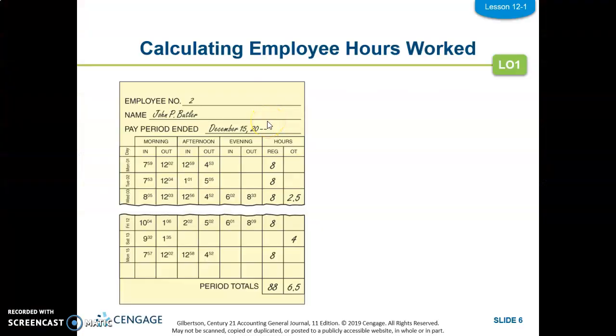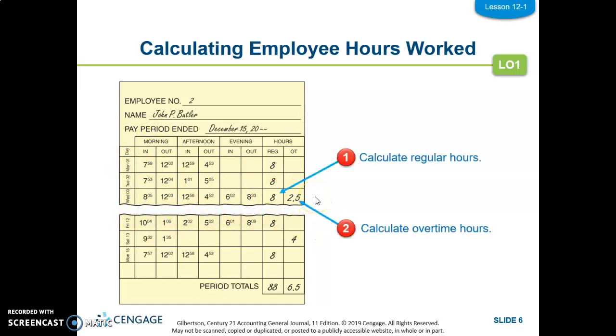So let's take a look at this time card for John Butler. He's employee number 2, and it's for the pay period ended December 15th. This is perforated, so they're not showing every single day in the 2-week period. What we're trying to compute on the right-hand side is the hours.